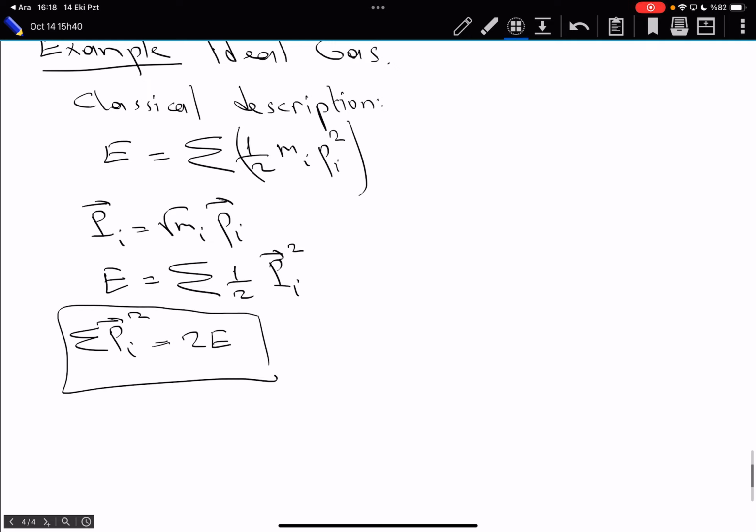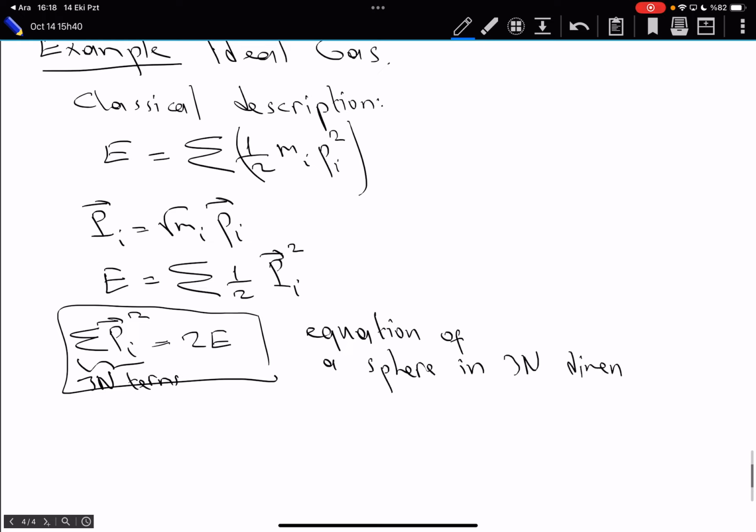Now in that summation I have 3N terms. I have N particles, each one has 3 components of p_i, so there are 3N terms over there. Well, this is nothing but the equation of a sphere in 3N-dimensional space.